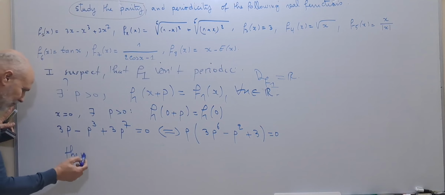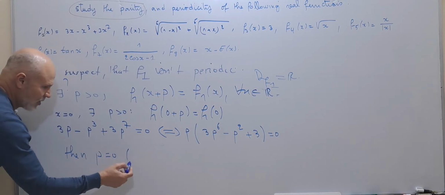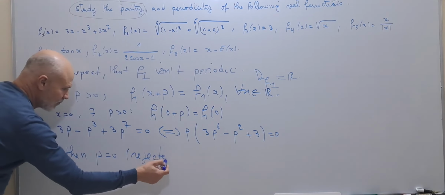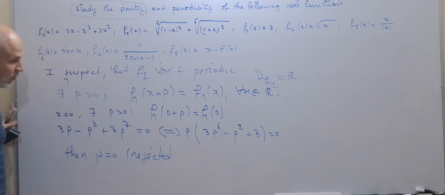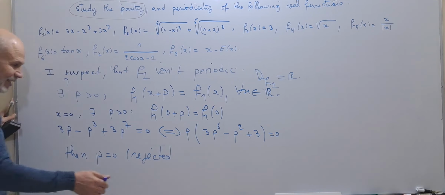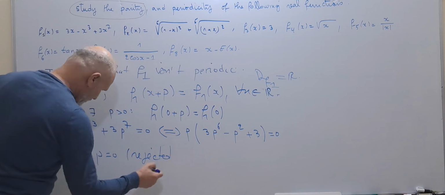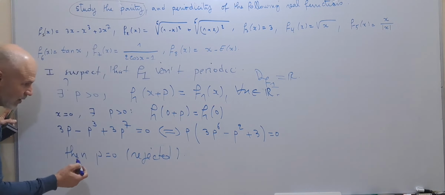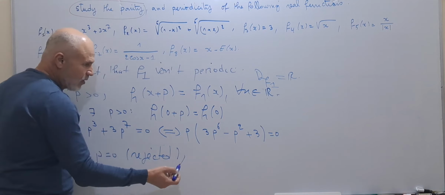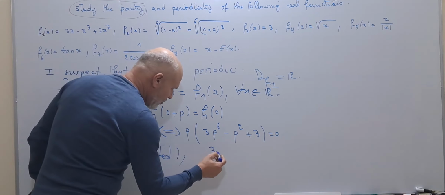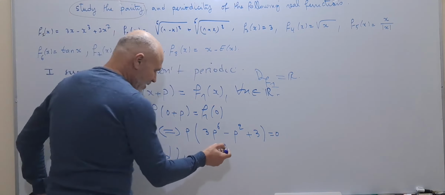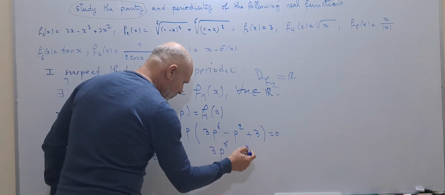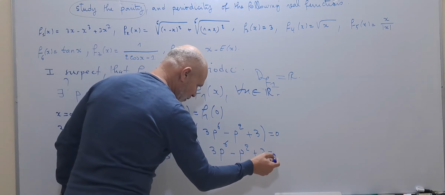Then P is equal to 0, which is rejected, since the period must be strictly greater than 0. So we should solve the equation 3P power 6 minus P power 2 plus 3 equal to 0.